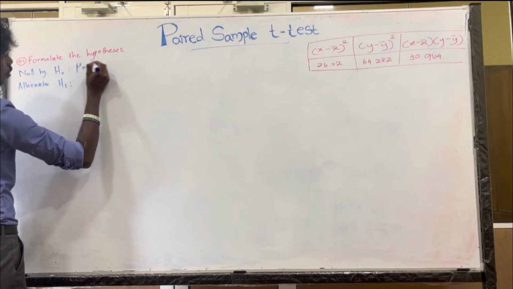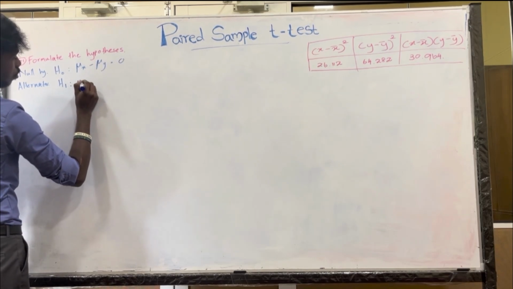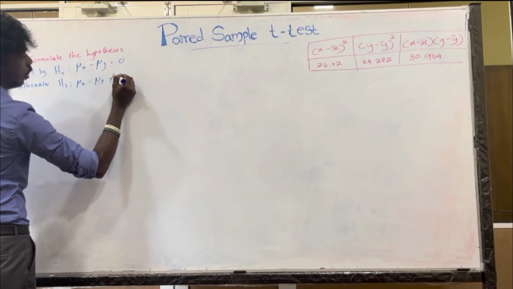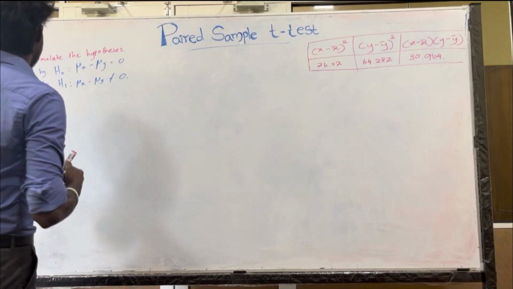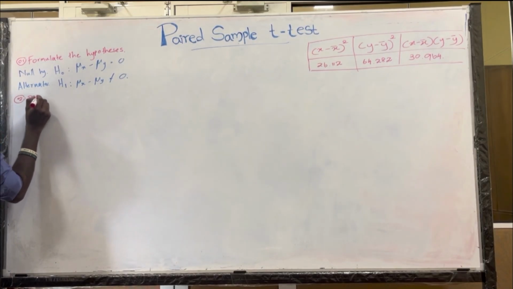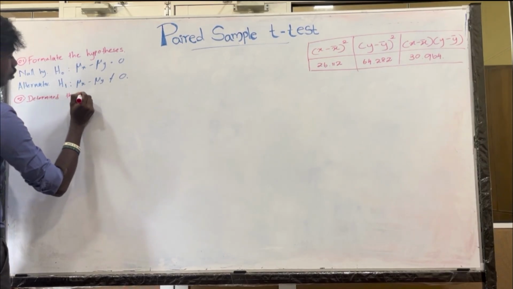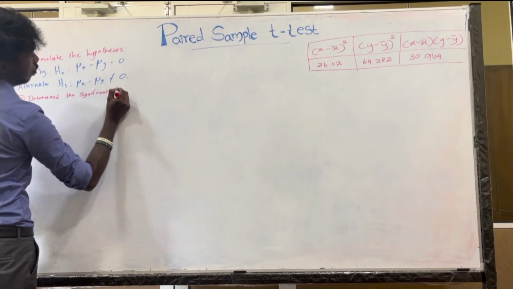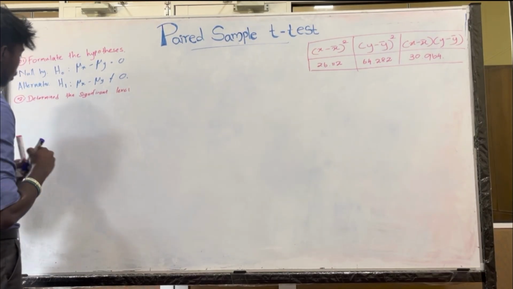Mu x minus mu y equals 0, and mu x minus mu y not equal to 0. That is the first step, and the second step is determine significance level. We choose the significance level at 5%.